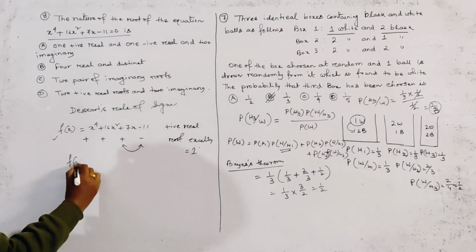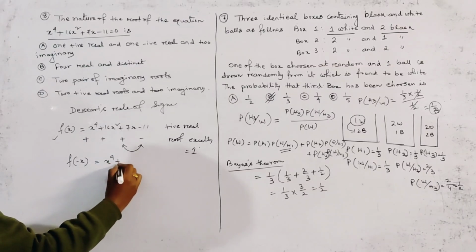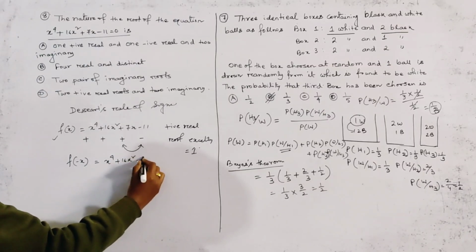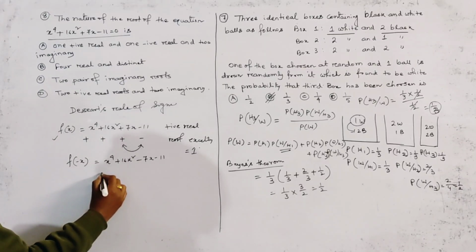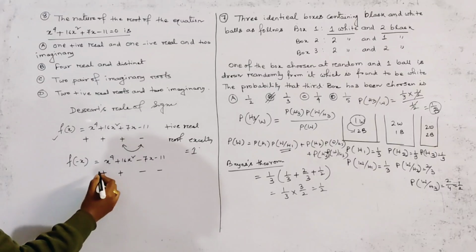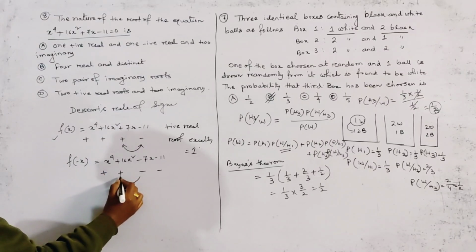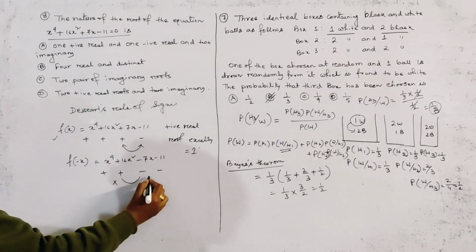Now we have to find f of minus x, which is given by x to the power 4 plus 16x square minus 7x minus 11. Here we write the signs also, plus, plus, minus, minus. And there will be also one change of sign, plus to minus. Okay, there will be no change of sign from plus to plus and minus to minus.